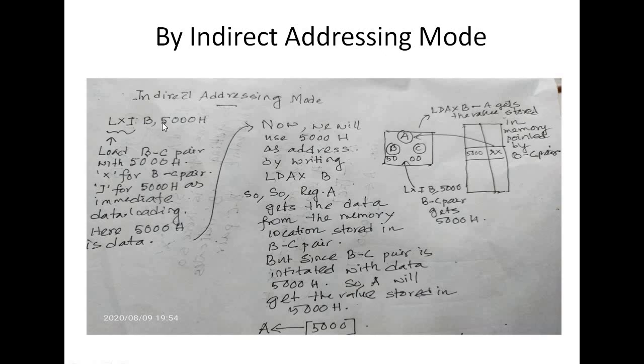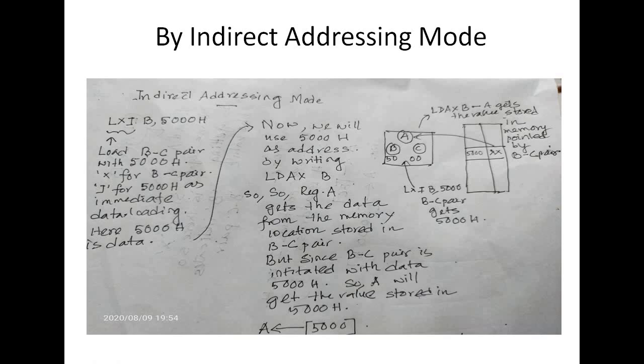Now the BC pair will be loaded with 5000H. The X for B means B is indicating the BC pair. And since I is there, 5000H is data. So it will immediately load the data 5000H into register pair BC.